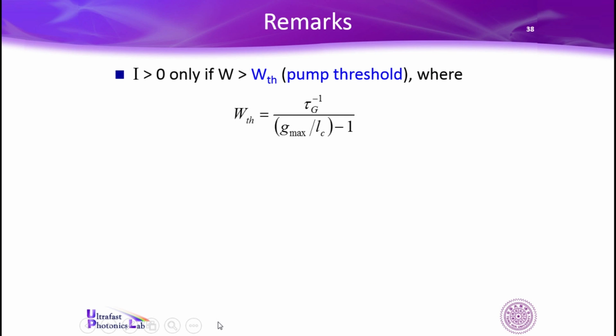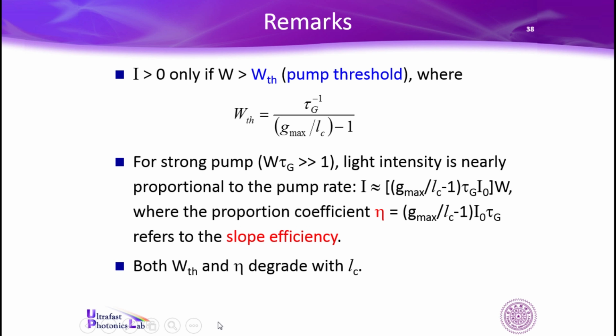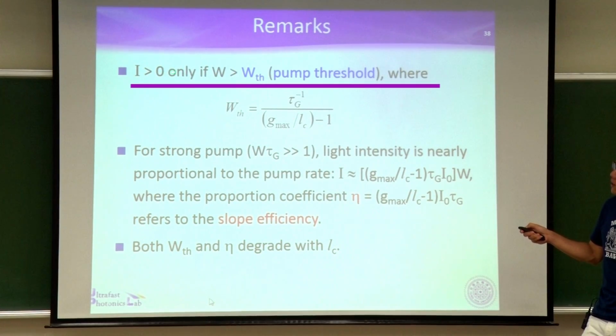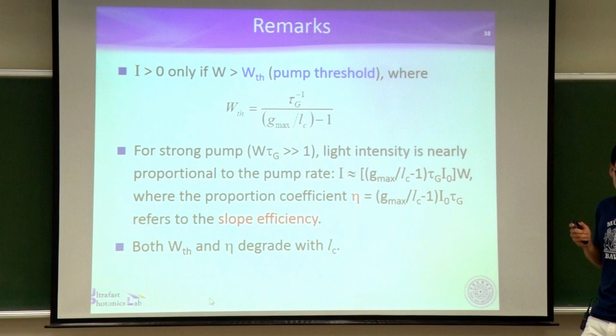So these are roughly summarized in this slide. Light intensity is positive only when your pump rate is greater than the pump threshold. Here I use a symbol W sub TH to represent the pump threshold. And by the formula in the previous slide, you can easily derive that the pump threshold is governed by this formula. Okay, you can just prove it by yourself.